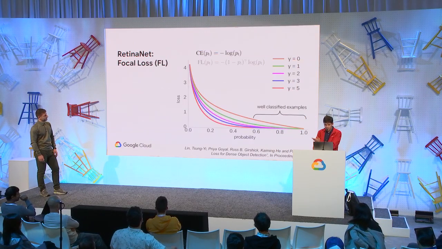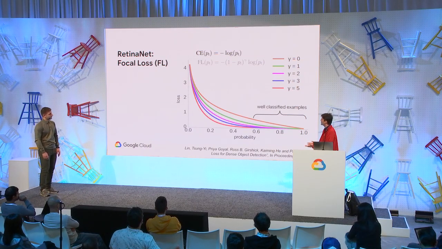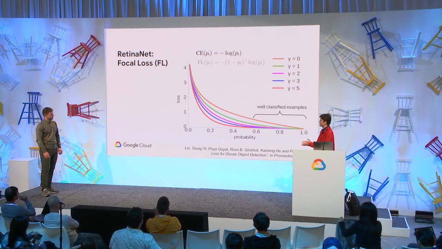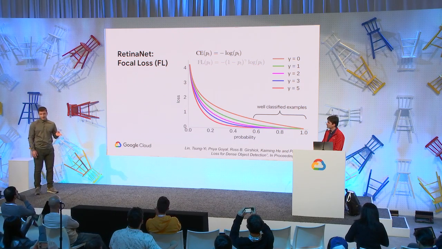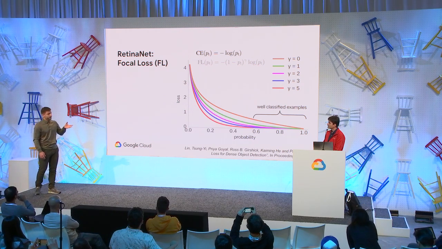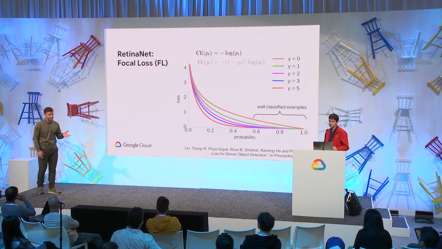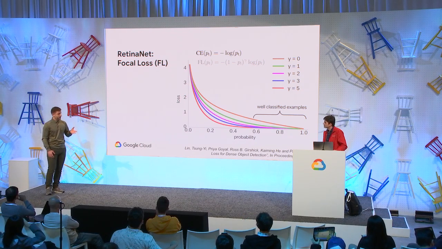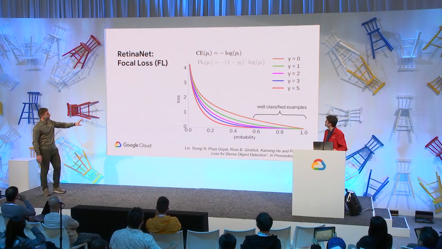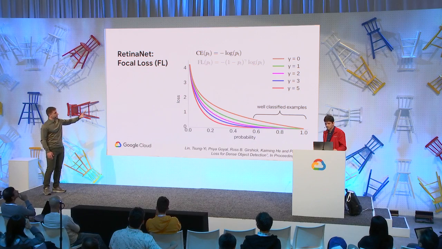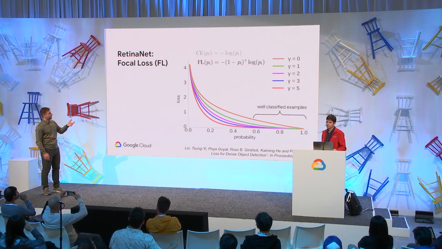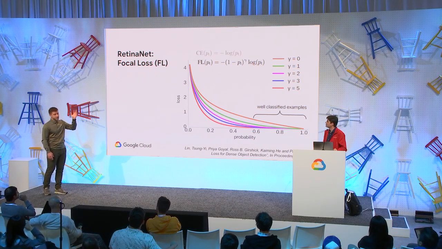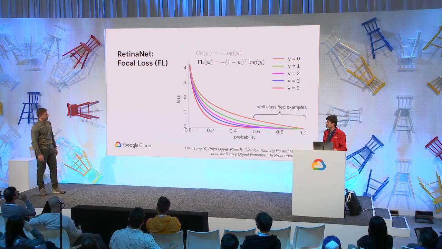And RetinaNet introduced a very clever idea to overcome that, called the focal loss. Yeah, and focal loss, just for you to remember, comes from the word focus, because it focuses on hard examples, examples which are difficult for the neural net to classify. In terms of math, it extends the traditional cross-entropy loss by adding the multiplicative factor (1 minus p) to the power of gamma.